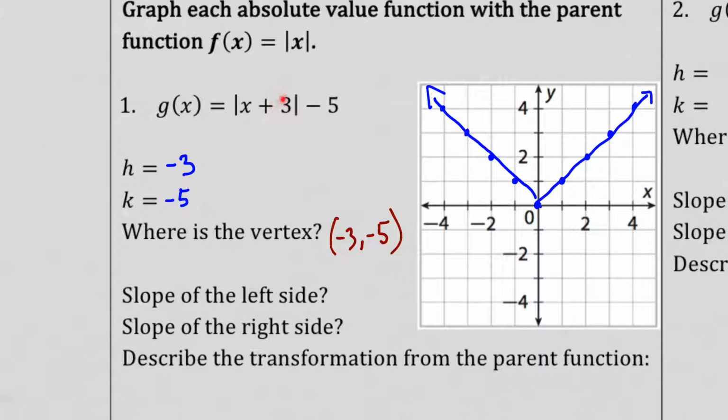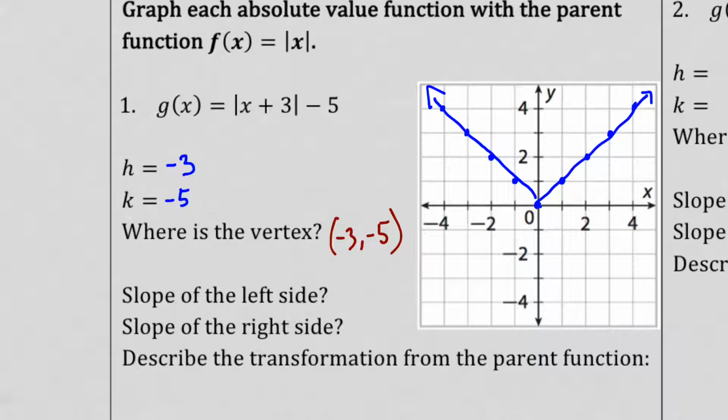It's determined by those two numbers. If h is negative 3 and k is negative 5, then the vertex is negative 3, negative 5. It's always h, k. Never flip them. Don't write k, h. Think of it also as alphabetical order. H is before k, so that one always goes first. So negative 3, negative 5 is your new vertex.